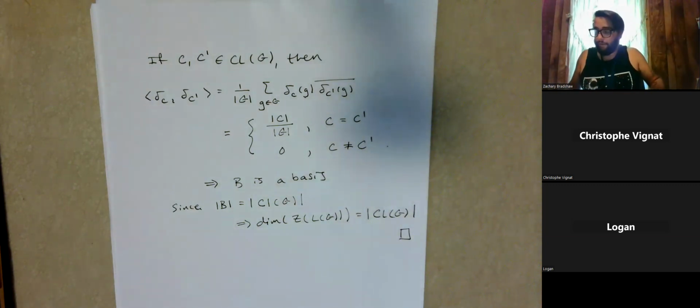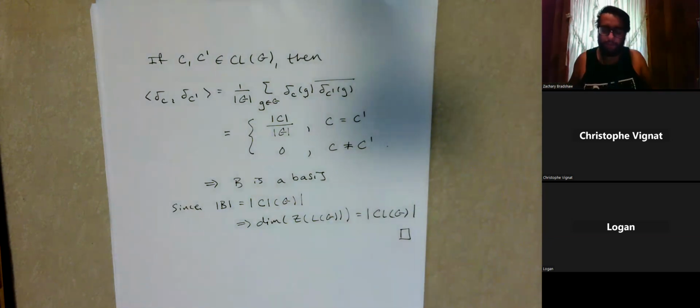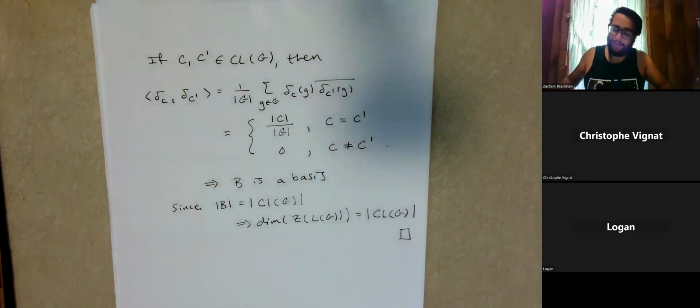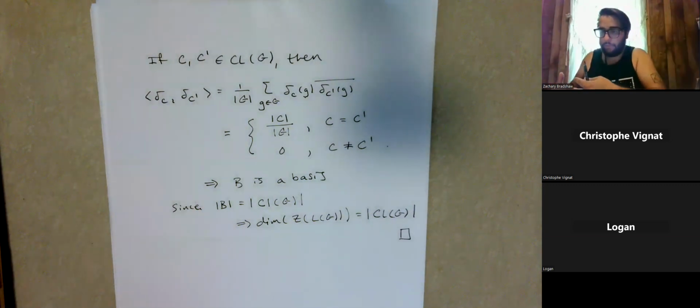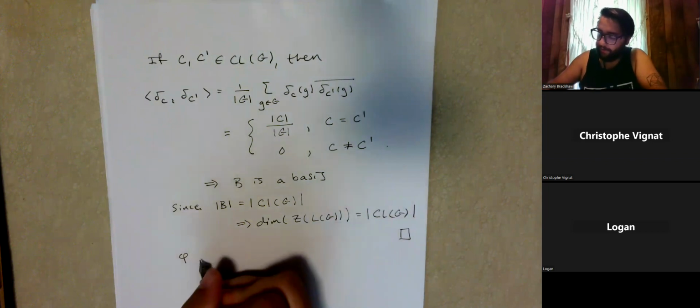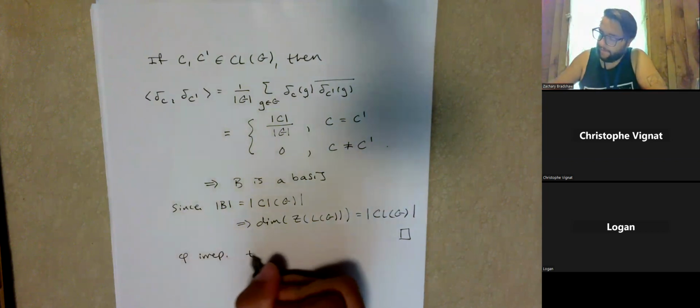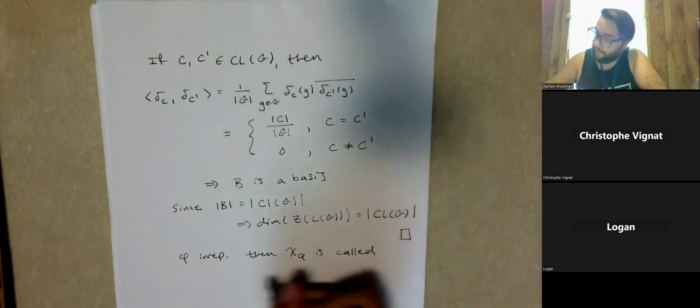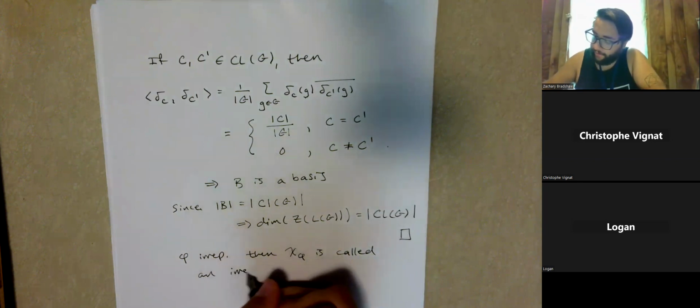Okay, so that was a bunch of nice small results that we'll definitely use later on. Now let me give you a major result. The irreducible character is called irreducible if the representation that it's a character of is irreducible. So if I have a phi, which is an irreducible representation, then chi phi is called an irreducible character.